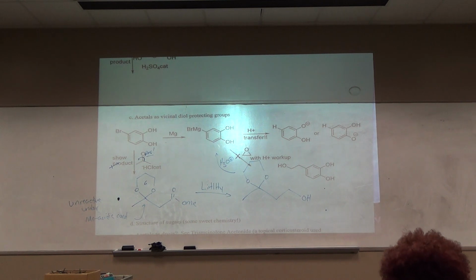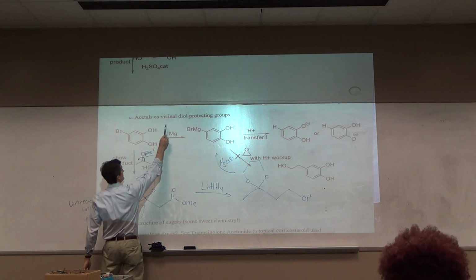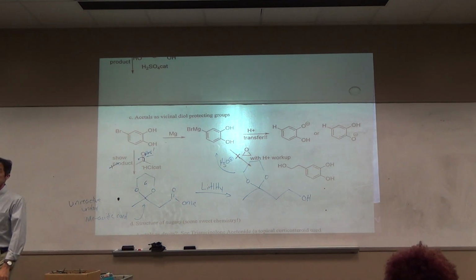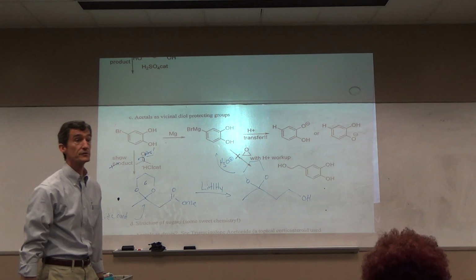You can protect it, sort of mask it, and then turn around later and demask it or deprotect it. Regenerate it. That's kind of what we're doing here. Here's another example for diols. What the problem is, how can we correct it? And this is sort of a big thing for acetals. Acetals are common protecting groups.